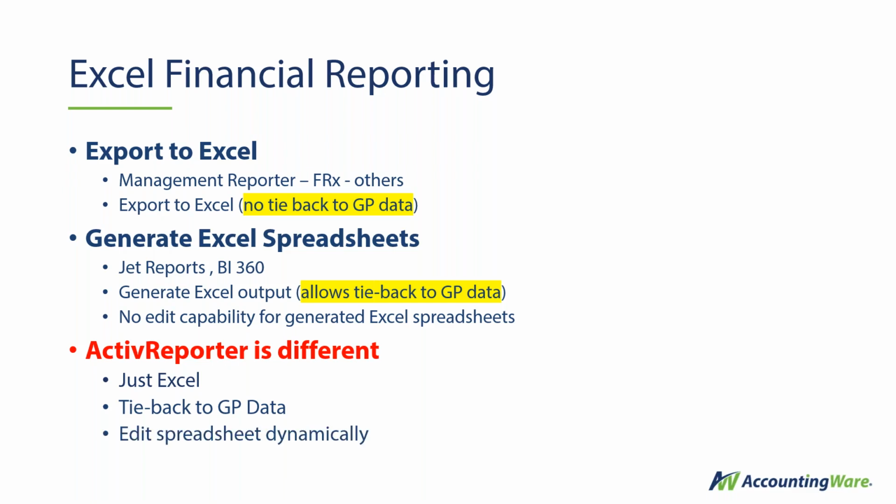And you can edit the spreadsheet all you want and never lose any edits. So you can put graphs on it, you can add data to it, you can add columns to it, and the only thing you have to do to update your spreadsheet is hit the F9 key. So it's just Excel, no export and no generation of the output.